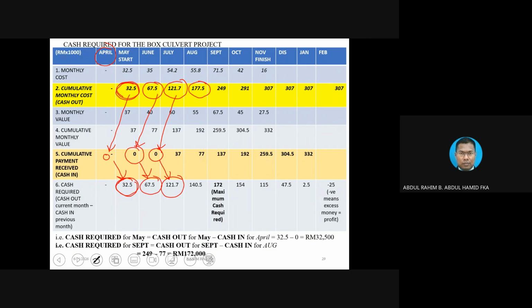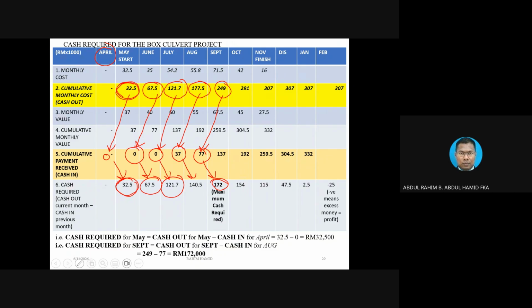August 177, you deduct with, now there is a value there. Then only you get this amount. September 249, you deduct with 77. Then you get this amount. So you do that for the rest of the calculation.